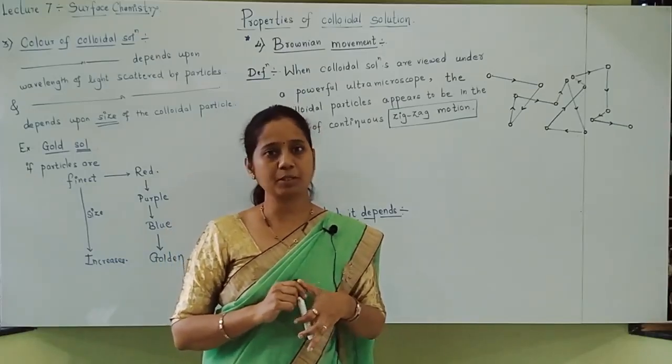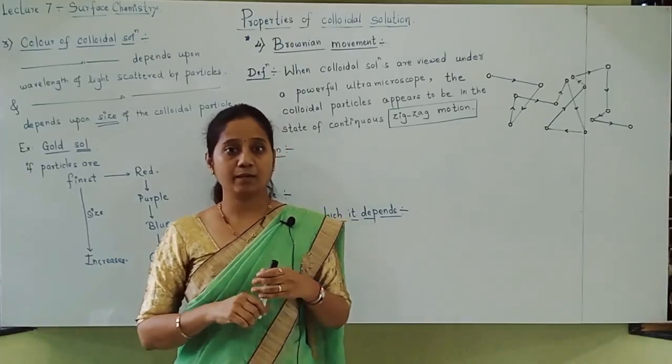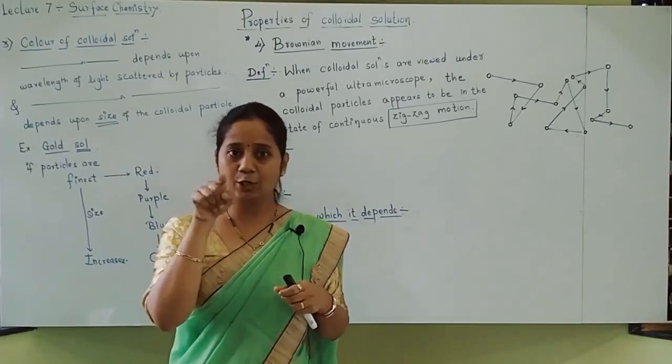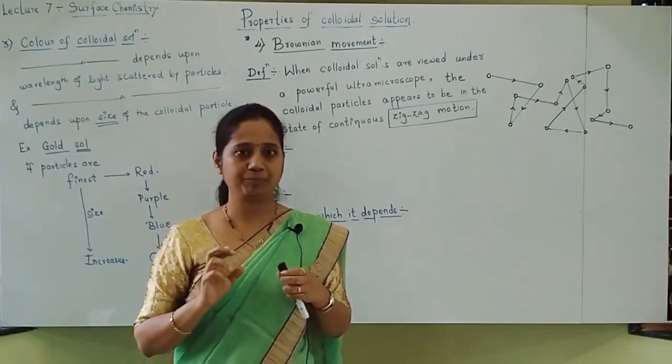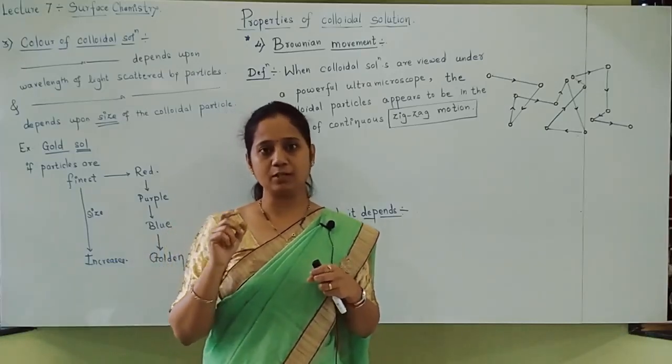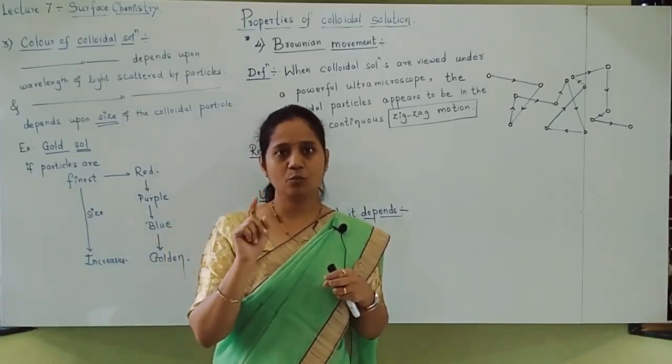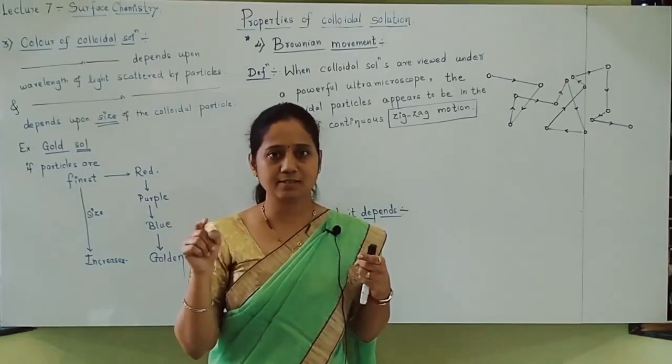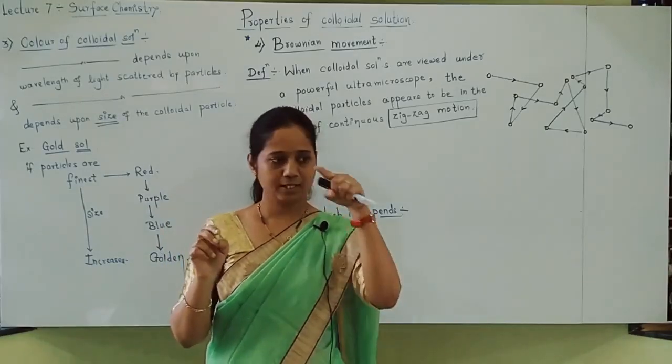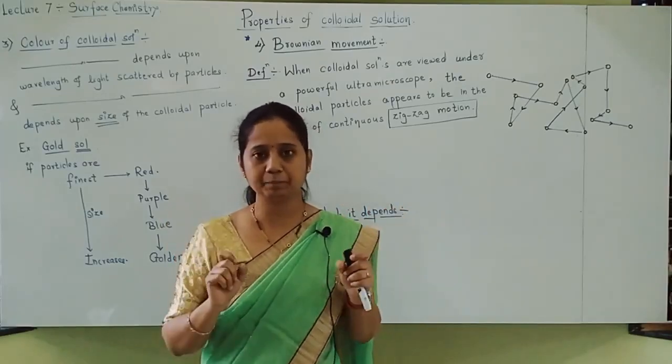Then student, the important point is why. What is the reason they are continuously in zigzag motion? Already we have seen that a colloidal solution has two phases: one is the dispersed phase, another is the dispersion medium.